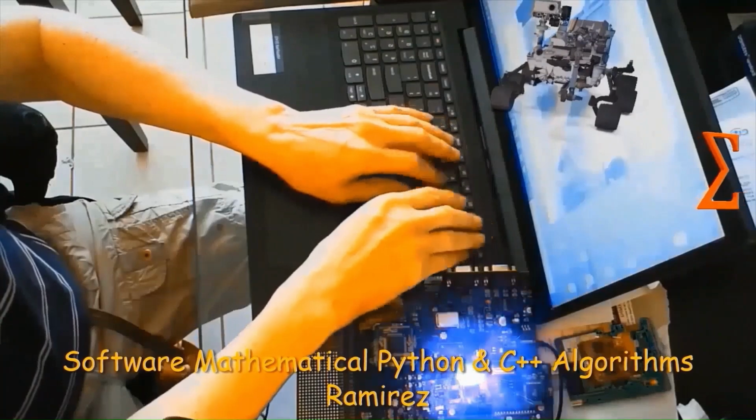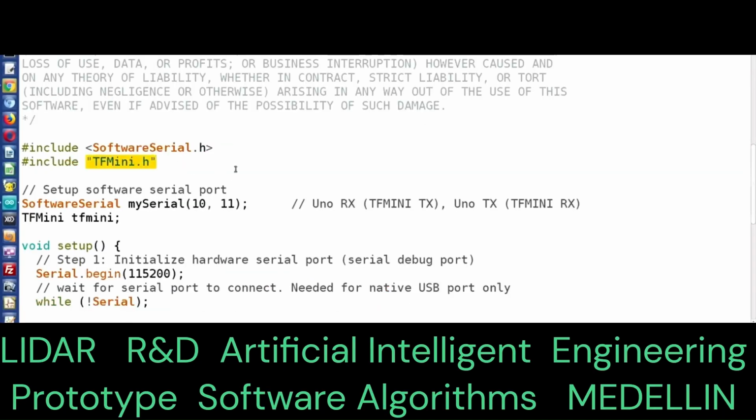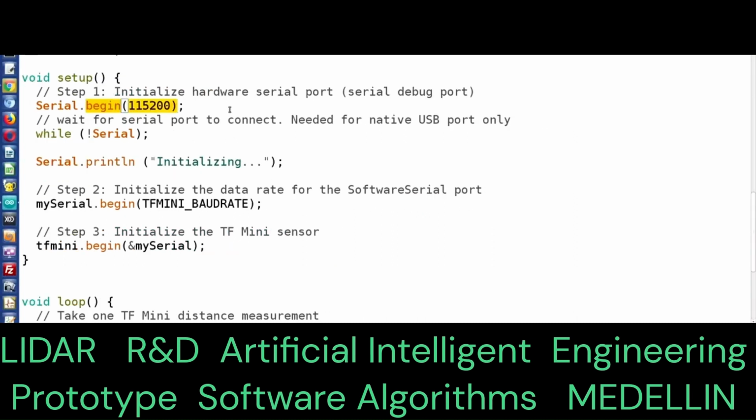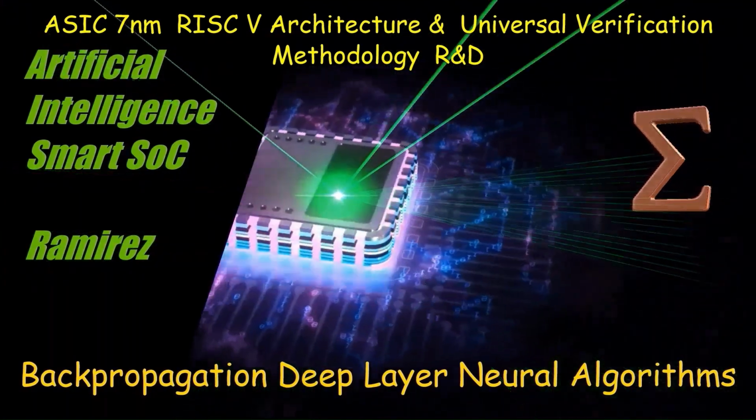In the void setup of the script, initialize the hardware serial ports, that is the serial debug port, and Serial begins at 115200.